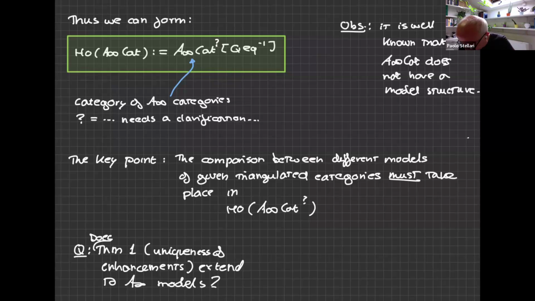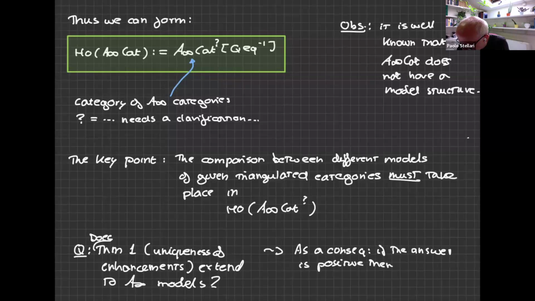Let me write it here as a consequence: if the answer is positive, then the equivalence from homological mirror symmetry that I mentioned before is of purely triangulated nature.